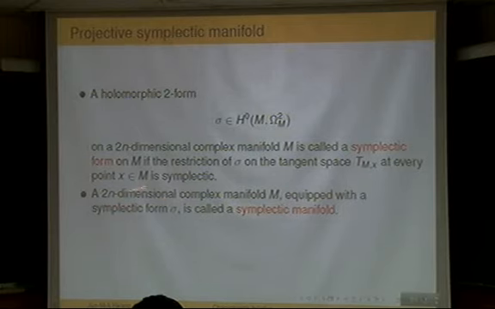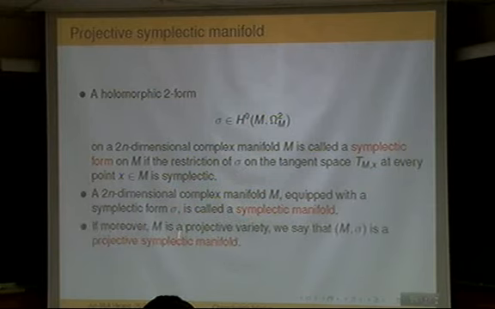And the pair, an even dimensional complex manifold and a symplectic form on it, is called a symplectic manifold. To be precise, maybe we have to call it a holomorphic symplectic manifold, because usually symplectic manifold refers to the real situation. But today I just use this term, symplectic manifold. Now, if moreover this M is a projective variety, then we say that this is a projective symplectic manifold.